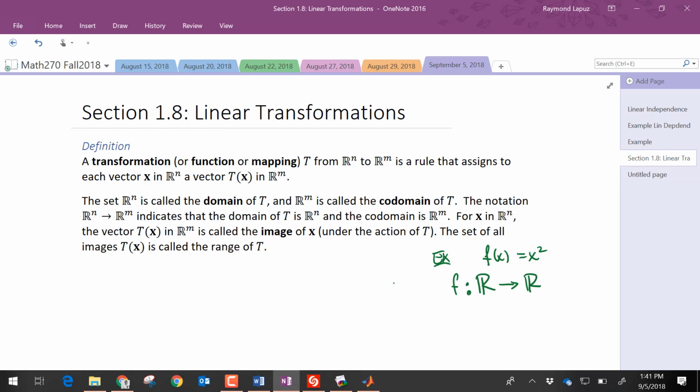But if we look carefully, we're going to see that the output values don't cover all the real numbers, right? We only include zero and all the other positive values, and we do not include the negative numbers.